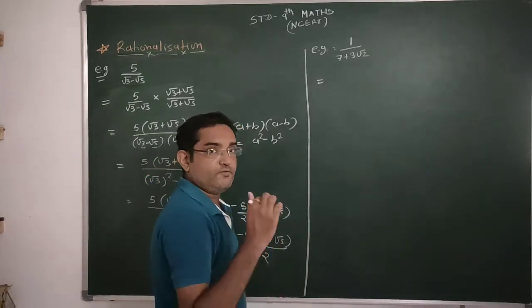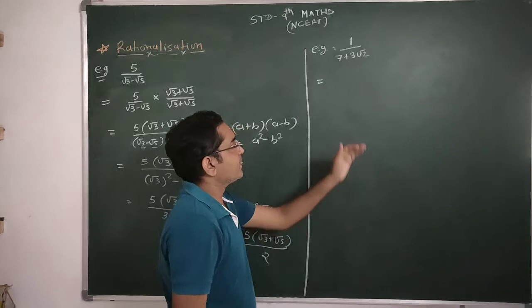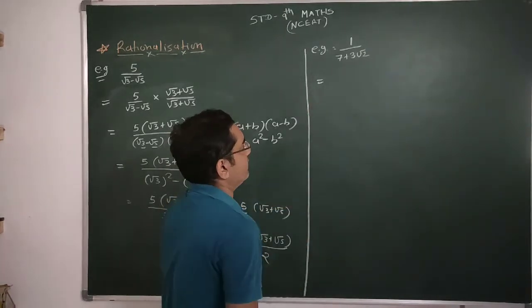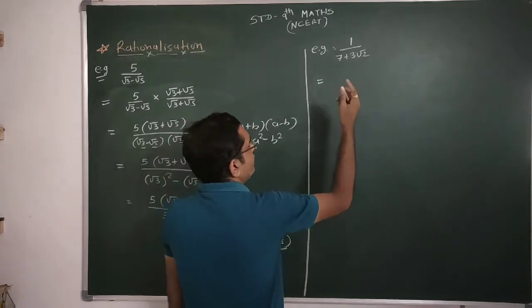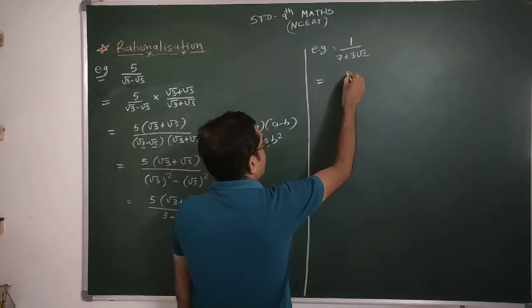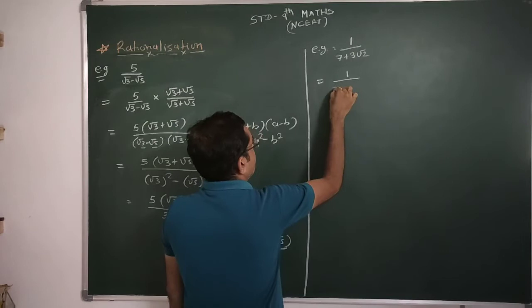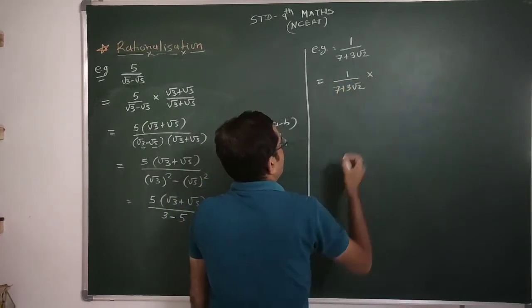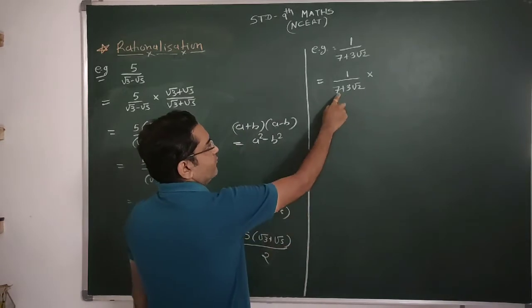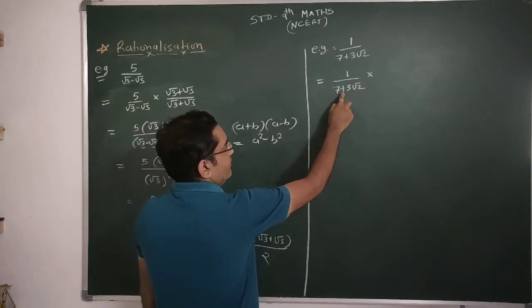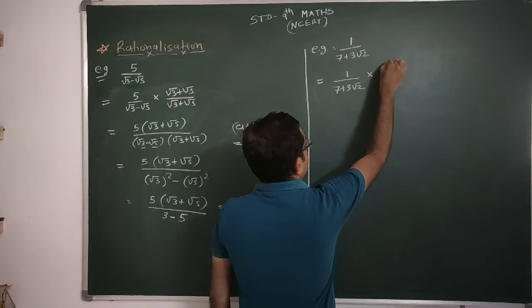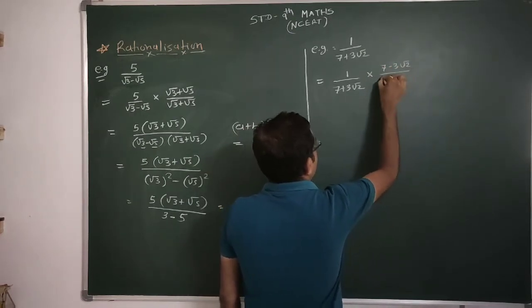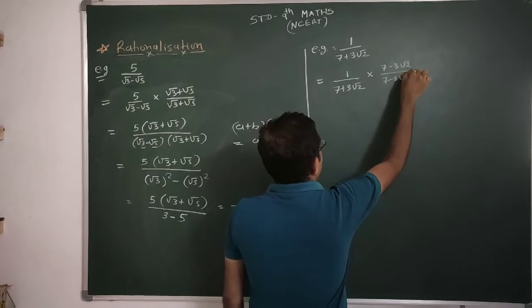Very good. There are infinite rationalization factors for any irrational number, so you have to consider only one. So it's 1 upon 7 plus 3 root 2 multiplied by the rationalization factor, which for this number is 7 minus 3 root 2. So it's 7 minus 3 root 2 divided by 7 minus 3 root 2.